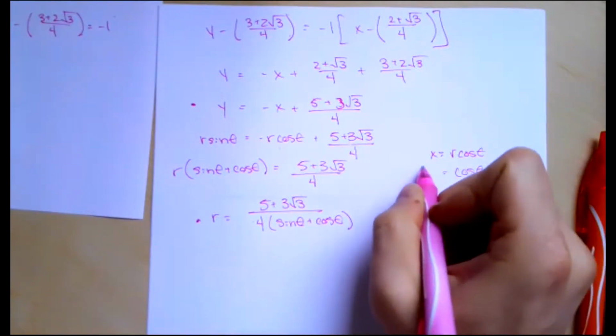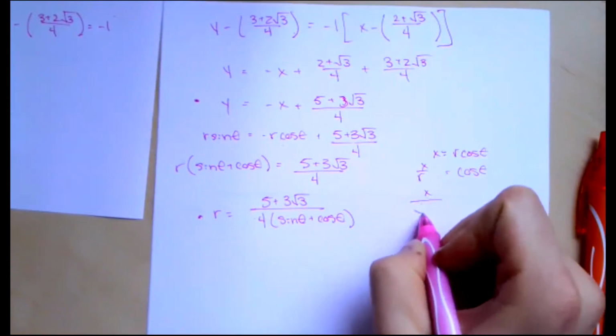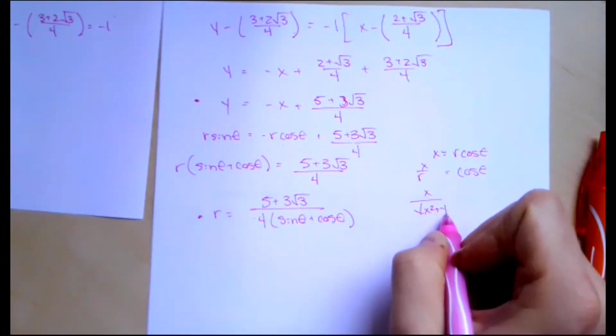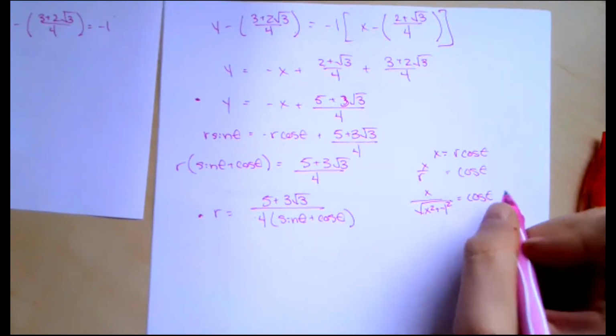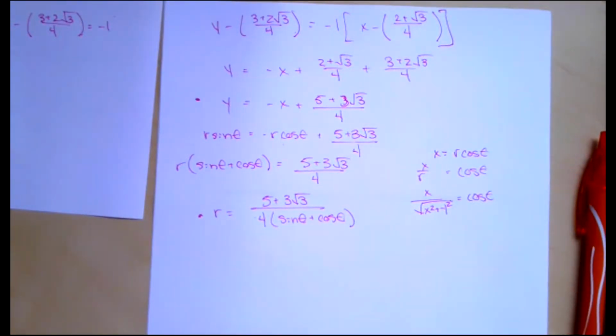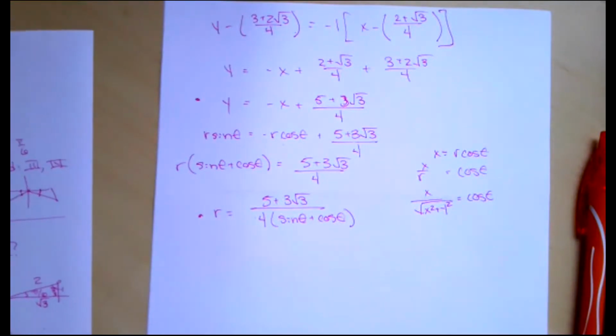for cosine theta is x over r, and then replace r with the square root of x squared plus y squared. It's all just a matter of manipulating those equations and then doing the algebra. Any questions on tangent lines, slopes?